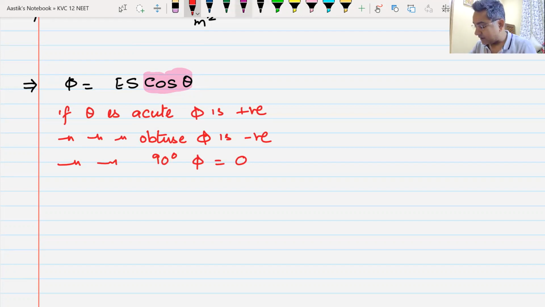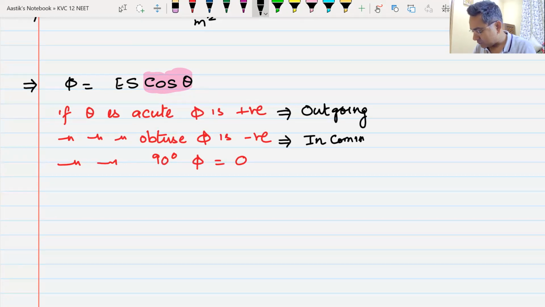Now this positive flux can also be called outgoing flux. This negative flux is known as incoming flux. Outgoing and incoming, this is one way to understand this.